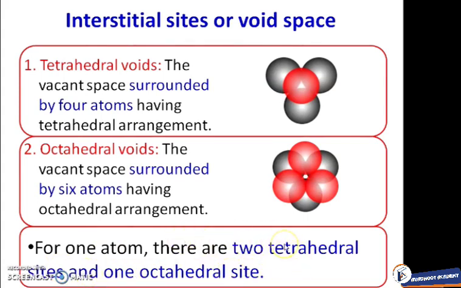In a particular crystal, for a given atom there are 2 tetrahedral sites and 1 octahedral site. It means in a crystal, if there are n number of atoms, then there will be 2n number of tetrahedral voids and n number of octahedral voids. This is very important.